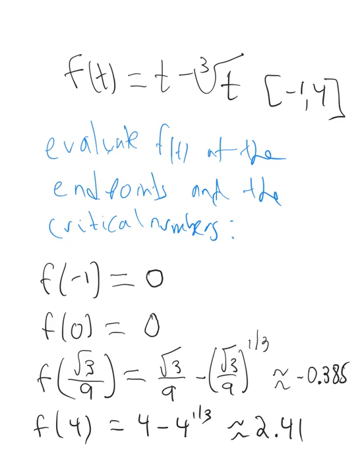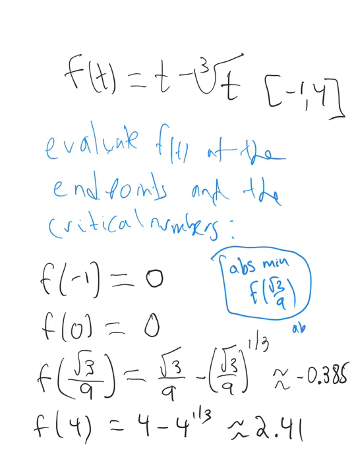So looking at all of these y values, we see that the absolute minimum would have to be f of the square root of 3 over 9, which is about negative 0.385. And notice that 2.41 is the largest y value of these 4 values. So the absolute maximum is actually f of 4.